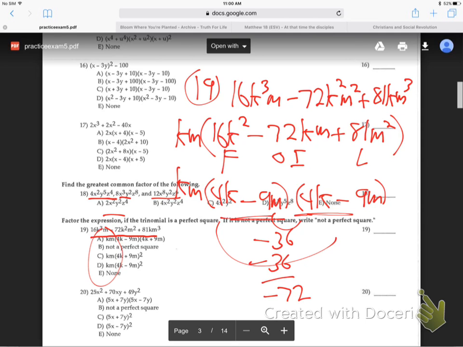That's identical twins. What do we do with identical twins? Squared. So that's one of their answers there. Which one is it? C? No, D. Oops. D. It's because it's minus, huh? D. Km in the front, 4k minus 9m squared. D? Good. You ready for the last?